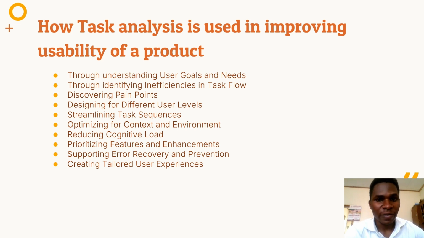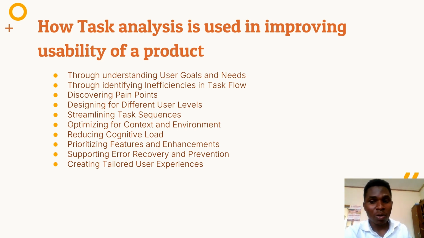We have also identifying inefficiencies of task flows. Here, if we understand the inefficiencies of how processes follow each other or how tasks are performed in a given sequence, then we would improve the usability of a product.